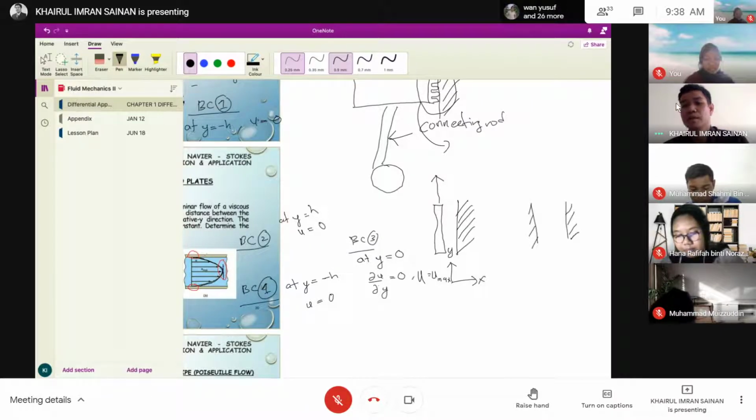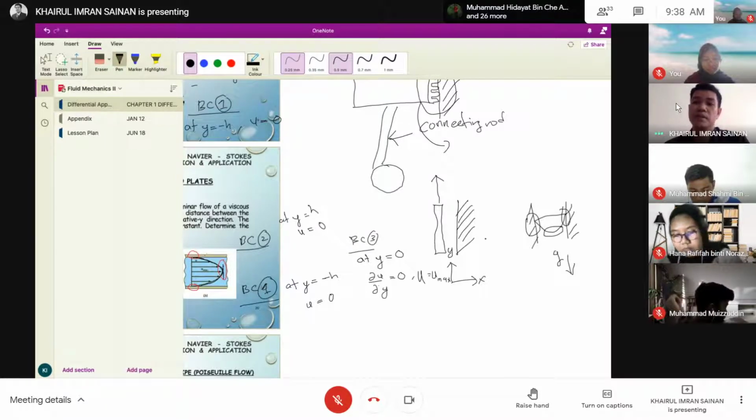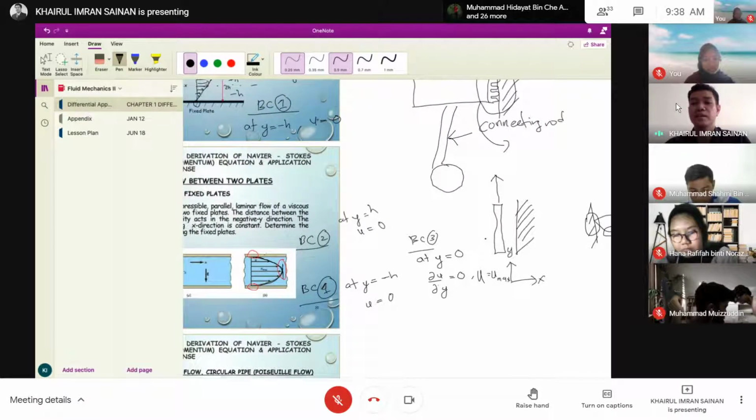Maybe the profile looks like this because of gravity. The fluid is flowing down. So once again, you can apply the same concept. This is BC number 1, this is BC number 2, and this one is BC number 3. The only difference is the direction, either horizontal or vertical.